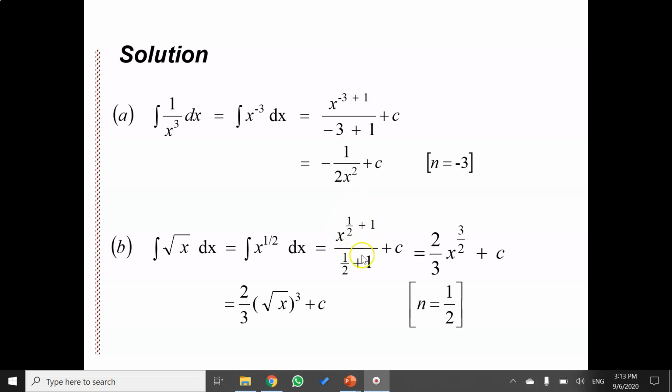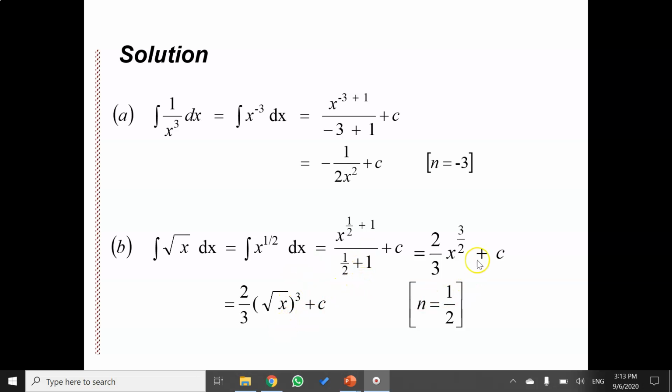So you divide by 1 over 2 plus 1, plus c, and you simplify this. You will get 2 over 3 x to the power of 3 over 2 plus c. Remember, in your exam, please simplify the answer, okay?